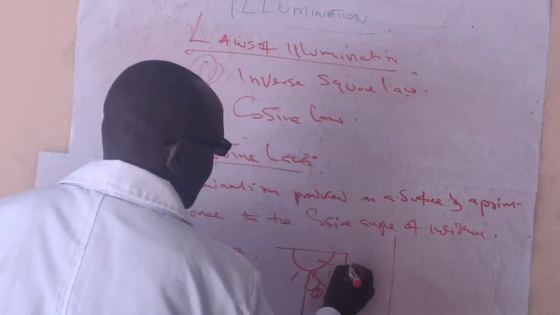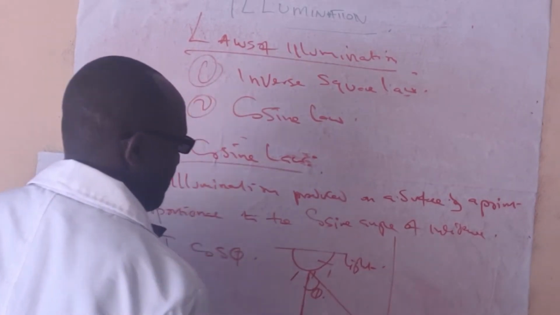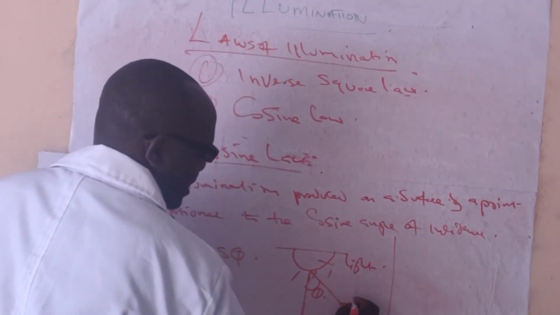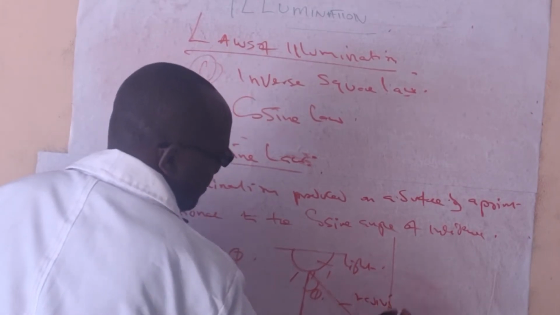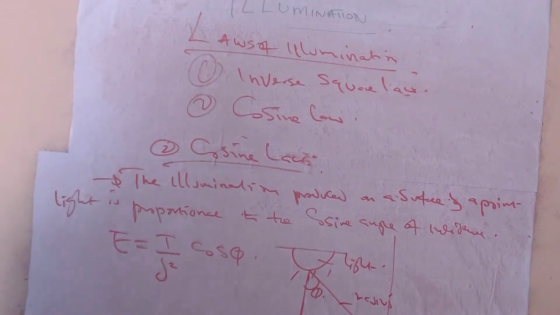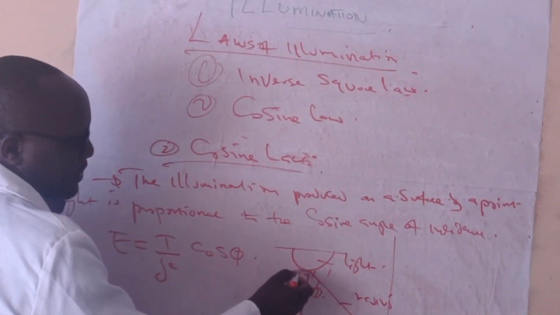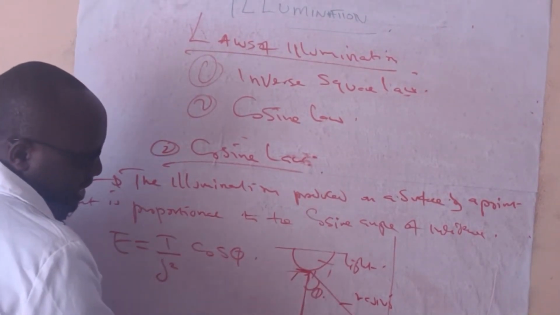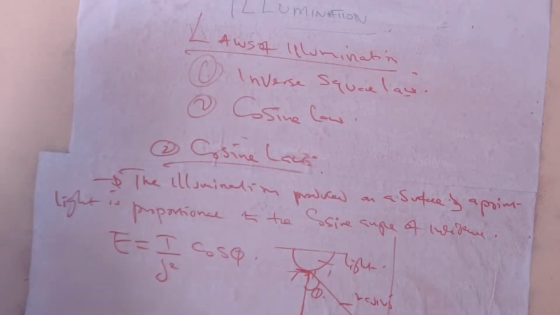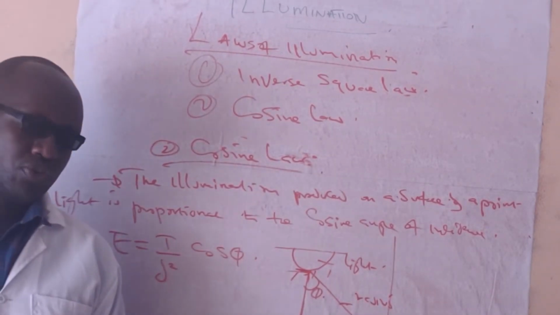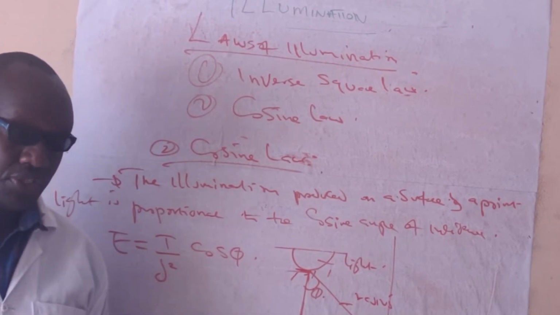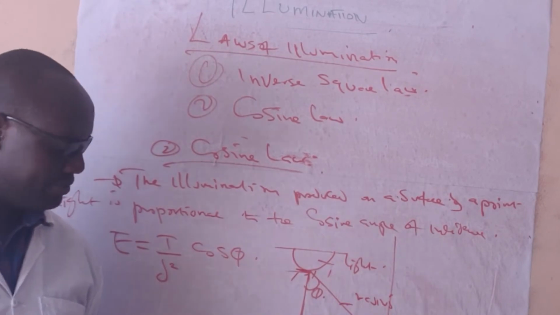This is going to be our light source, and this is what we call the radius. This is the height from the ceiling, this is the working area, and the radius is, from mathematical knowledge, called the hypotenuse. So let's see some examples.